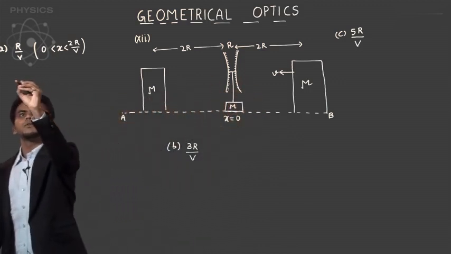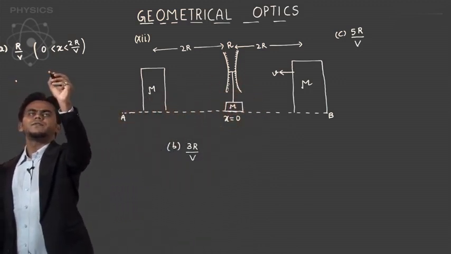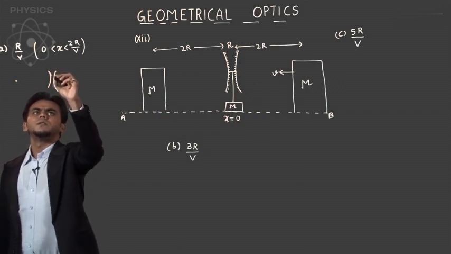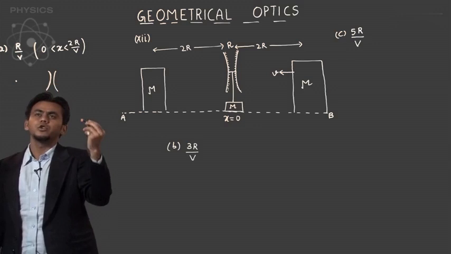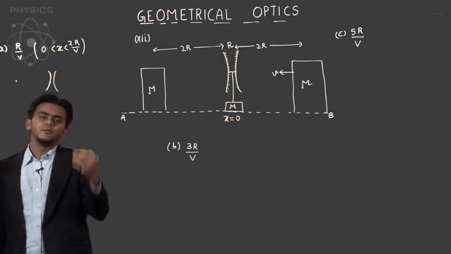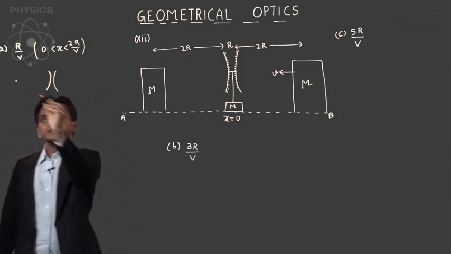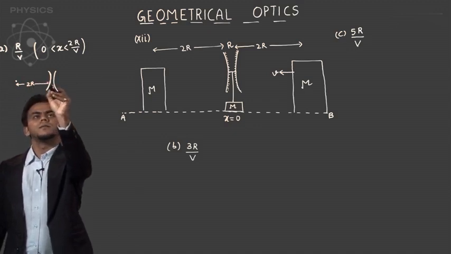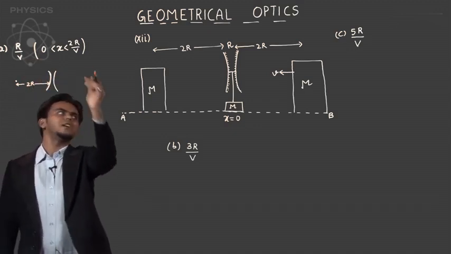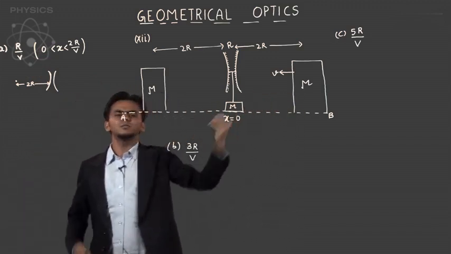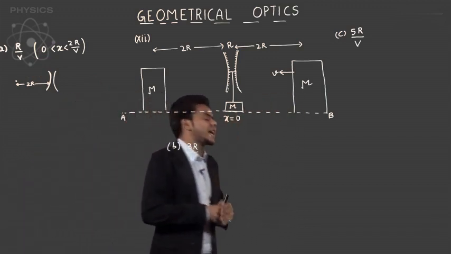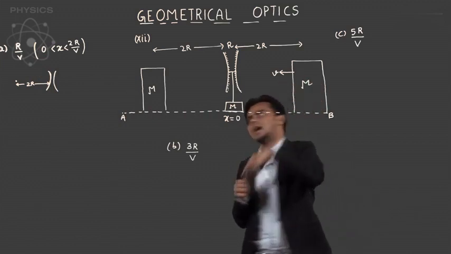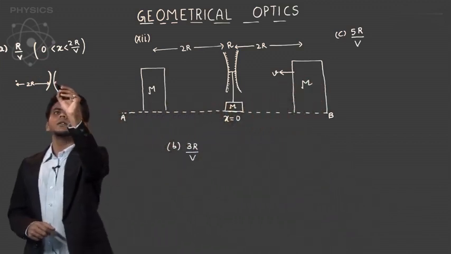I have a point over here, I have two mirrors over here. This thing is your 2r. After r by v, this would have moved by some distance, because r by v is the time and time into v gives the distance. So v into r by v is r.